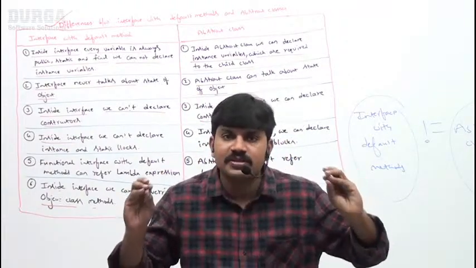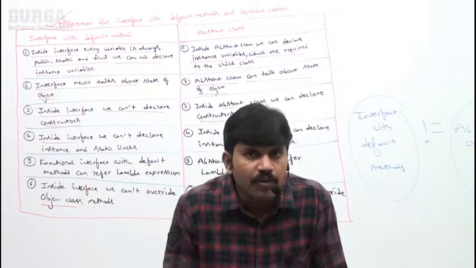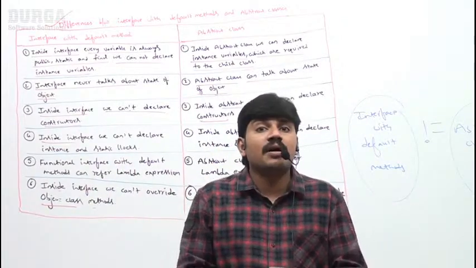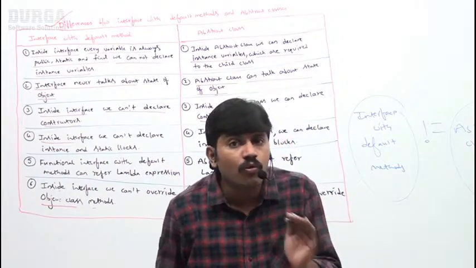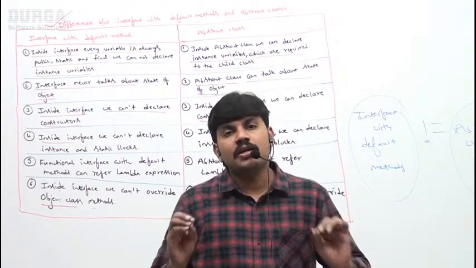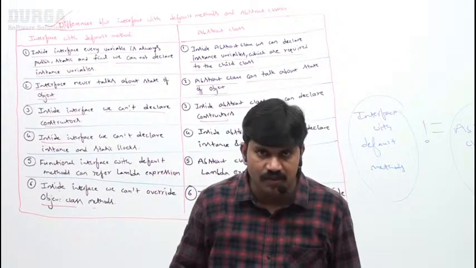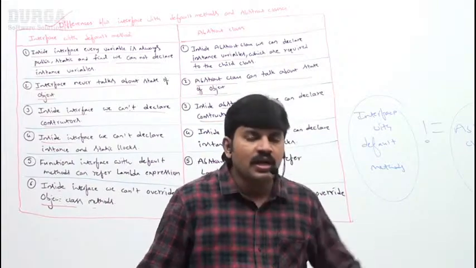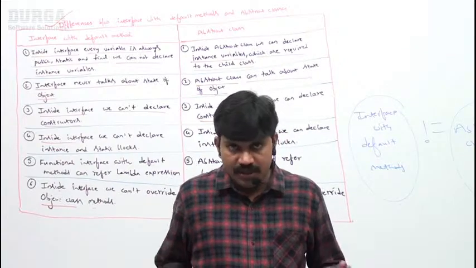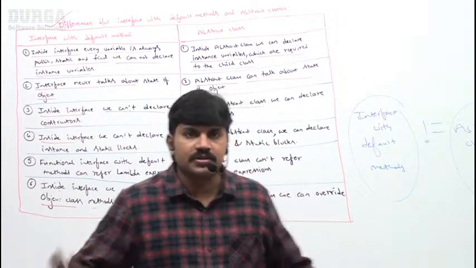If two interfaces contain a default method with the same signature, in the implementation class there may be a chance of an ambiguity problem. How can you solve this ambiguity problem? By overriding that method in the implementation class. How to override? We will explain that with an example. Next, what is the difference between an interface with default methods and an abstract class? Clear for all of you, right? That's all. This is the story about default methods.